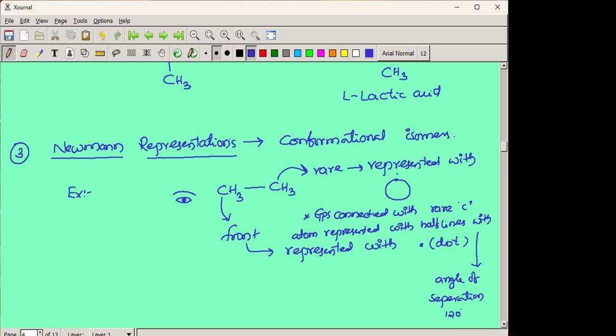For example, here one of the atoms we can represent like this, the other is here, and the other is here. So these are half lines with an angle of separation of 120 degrees.